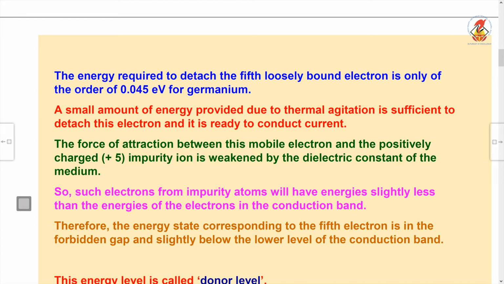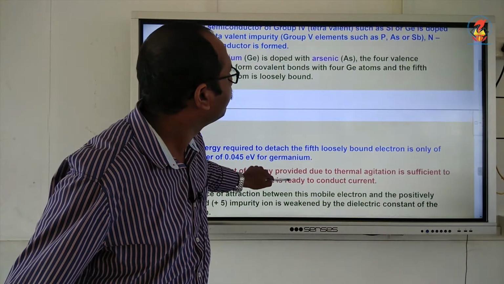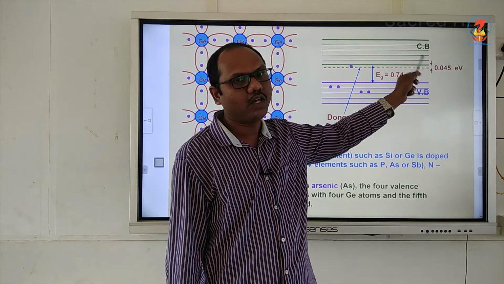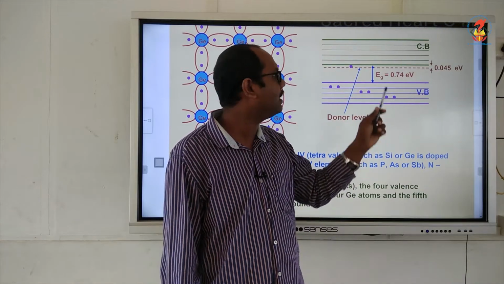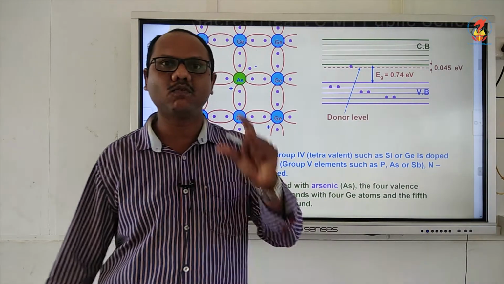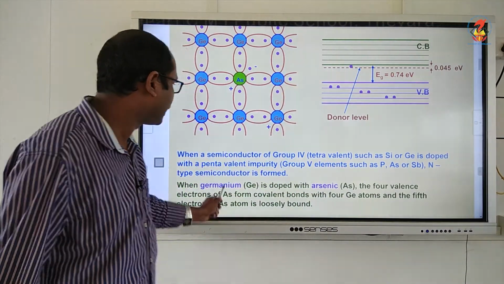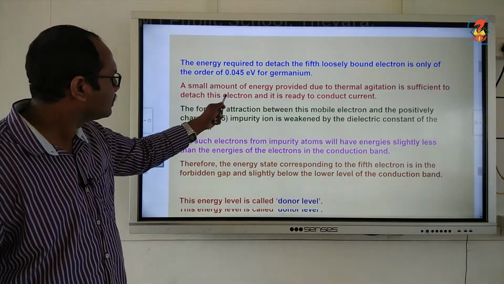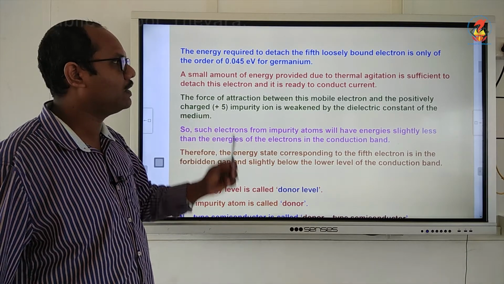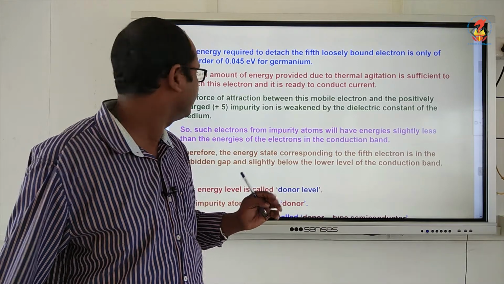In the exam, they will ask a question like this: where is this donor energy level lying? You can see the donor energy level is lying just below the conduction band. So, they will ask why that donor energy level is lying below the conduction band. The reason is this: due to the dielectric constant of the medium, the force of attraction between the mobile electron and the impurity ion is weakened.